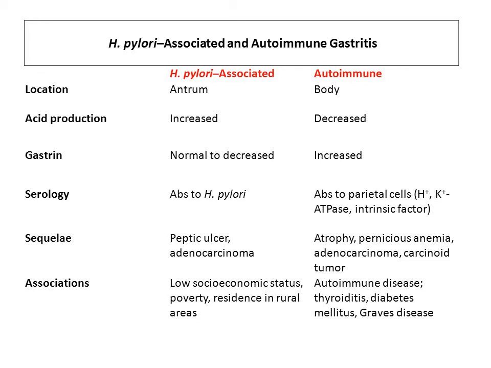So these are the important differences between H. pylori and autoimmune gastritis. A very important question. You people should know these important points, and these are mentioned in Robbins. So in the next lecture, we'll talk about the various complications of chronic gastritis, starting from peptic ulcer disease.